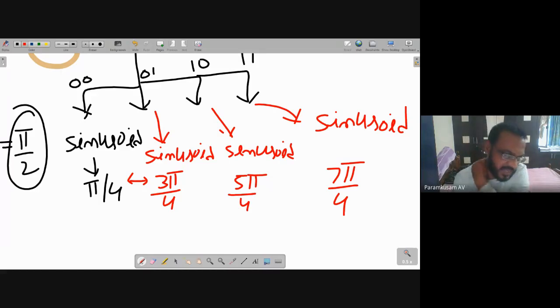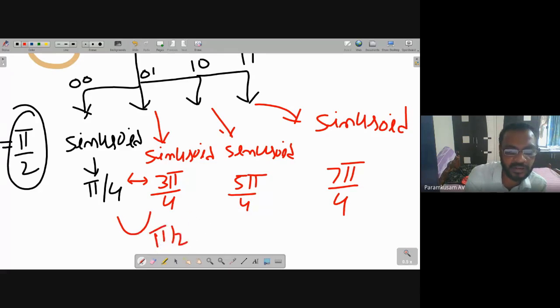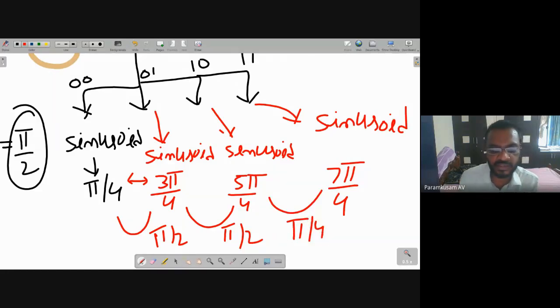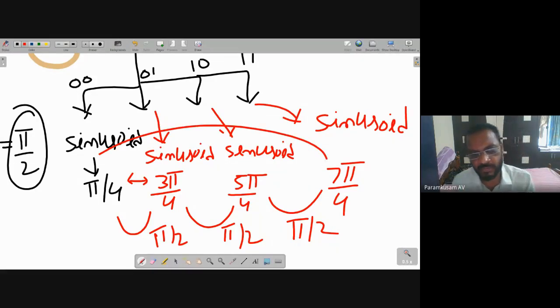The phase difference between these two is equal to 90 degrees, so that is pi by 2. The phase difference between each of these successive pairs is pi by 2. Because the overall phase angle is 2 pi, no?